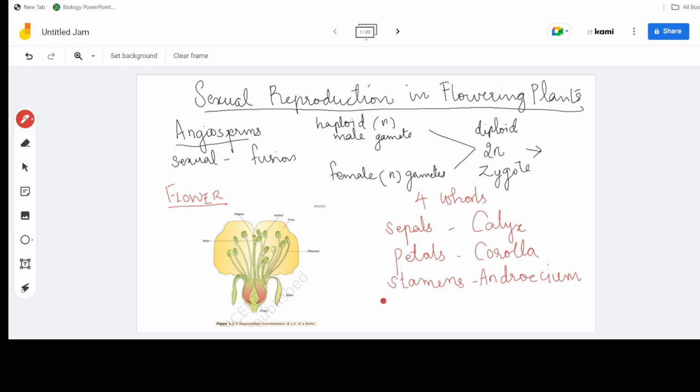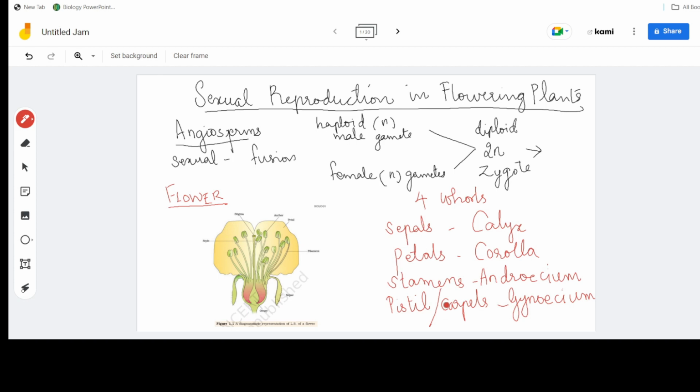And the innermost whorl is made of pistils, or sometimes they use the term carpels, and all the carpels together we call gynoecium. Okay, so these are the 4 whorls of a flower: calyx, corolla, androecium and gynoecium. Calyx is made of sepals, corolla is made of petals, androecium consists of stamens, and gynoecium is made of pistils or carpels.